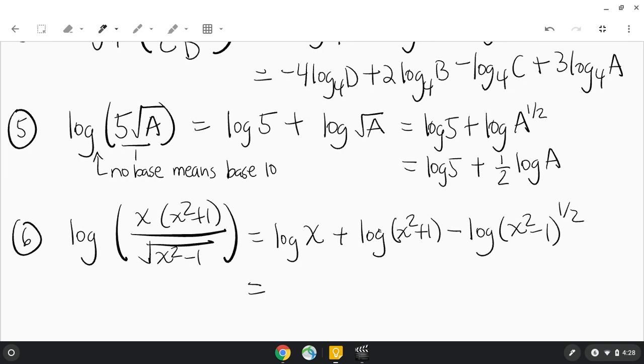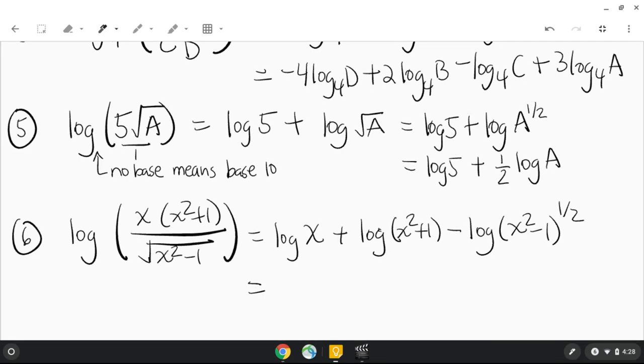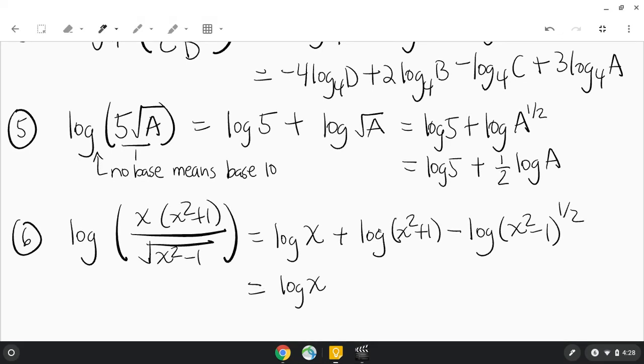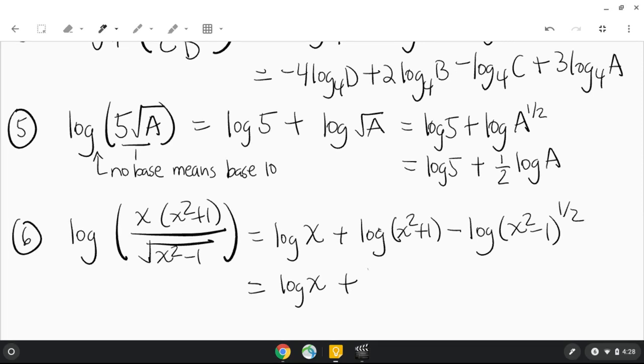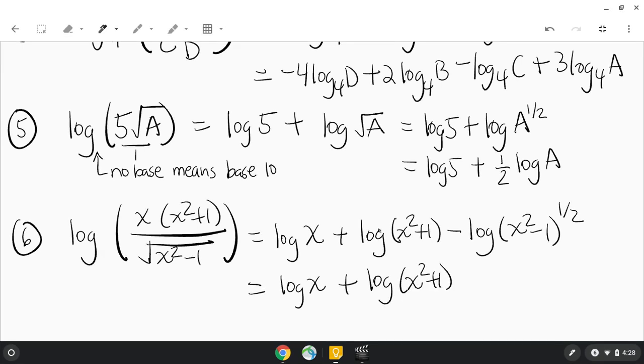I'm going to go ahead and use law 3 and bring that exponent down to the front. So this will remain the same. This one remains the same because we don't bring down this square to the front because we're taking the log of this whole thing, x squared plus 1.